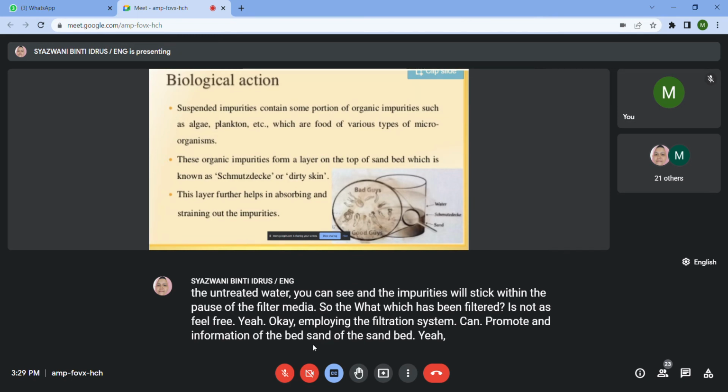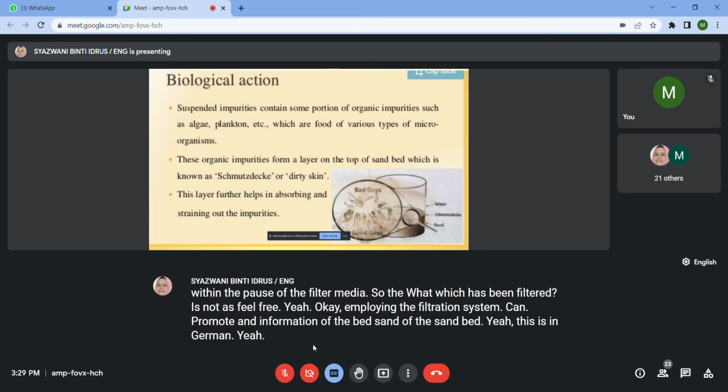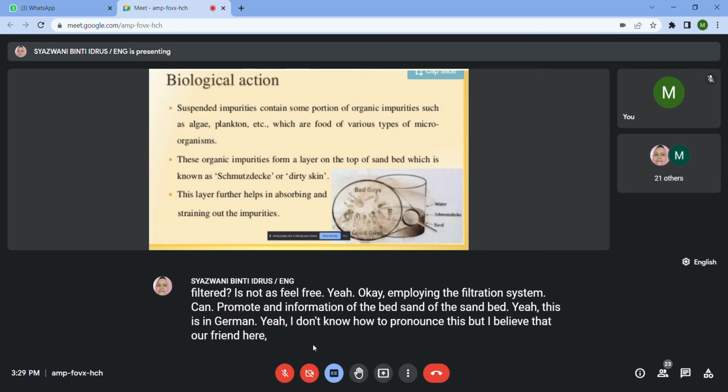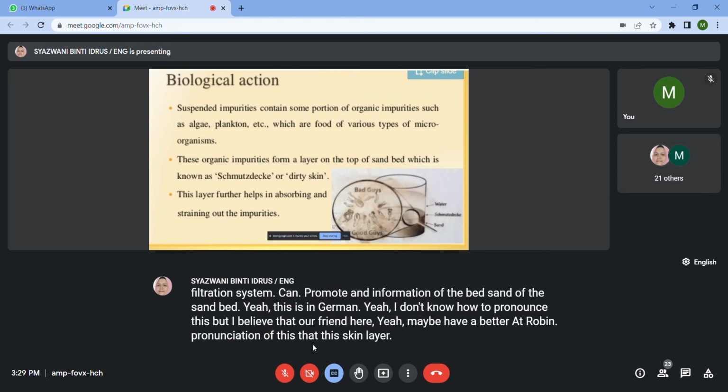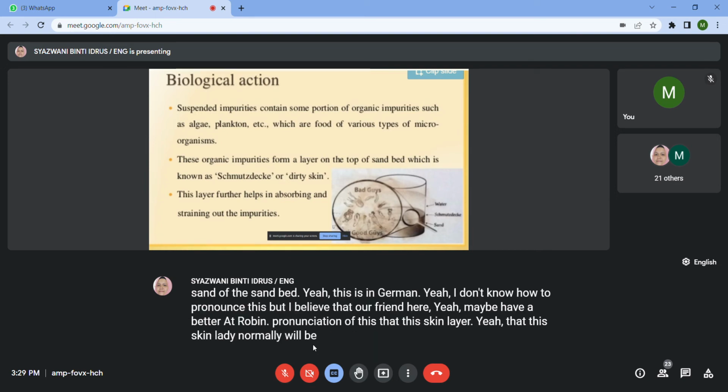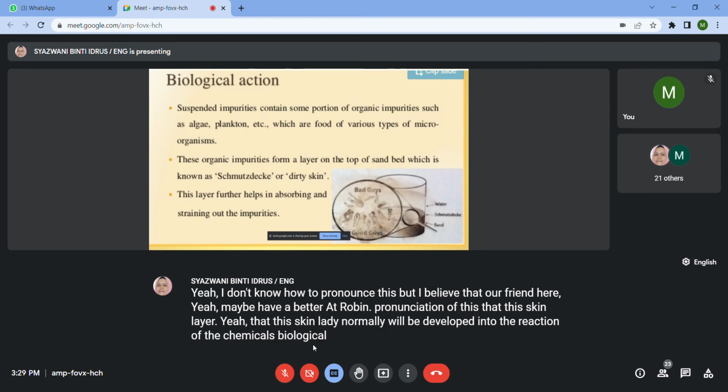Yeah, this is in German. I don't know how to pronounce this, but I believe that our friend here, Torben, may have a better pronunciation of this dirty skin layer. The dirty skin layer normally develops due to the reaction of the chemicals and biological substances that exist in untreated water after the sedimentation process.